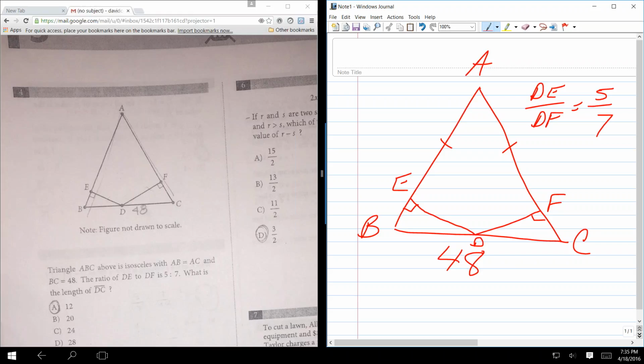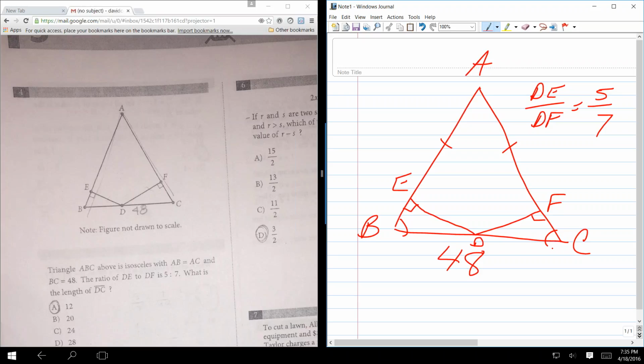Well, let me think about this for a moment. What's true about those 2 triangles at the bottom? They're right triangles?